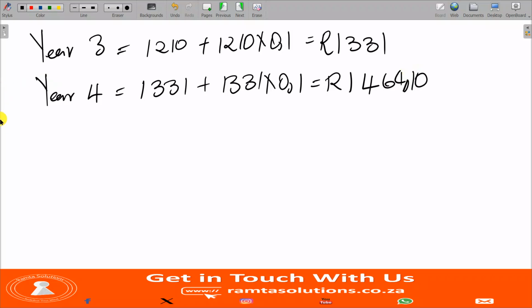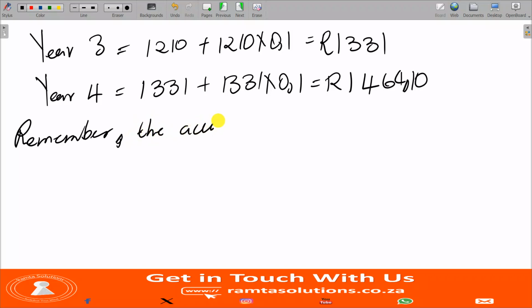Now note, remember we defined the principal amount and the accumulated amount.